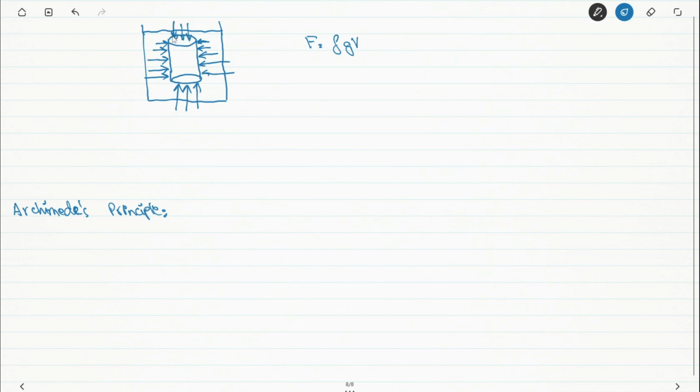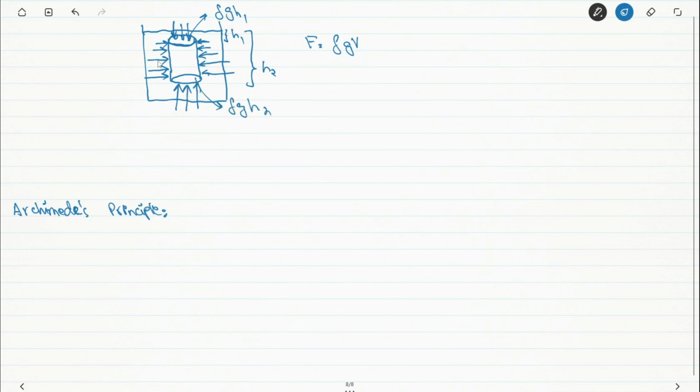So let's call this height h1, and let's call this height h2. The pressure being applied on this surface is rho g h1, because density and g are the same throughout this. And the pressure being applied here is rho g h2.